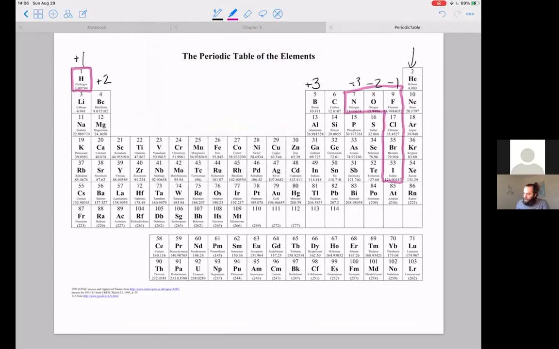All right, these are what are called diatomic elements, which means that if you were to find a sample of pure fluorine or pure oxygen or pure nitrogen or pure hydrogen or pure bromine, whatever, it would exist as, for example, N2, or H2 or O2. So when we talk about oxygen that we breathe in, it's not a single oxygen atom, it's actually two oxygen atoms bound to one another.